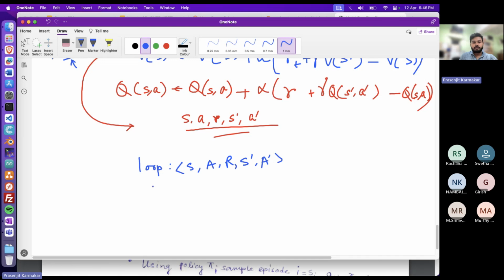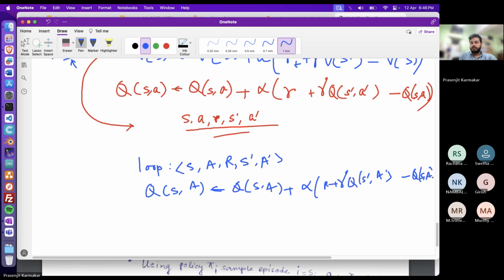Now also update this Q function: Q(S,A) plus alpha times R plus gamma Q(S prime, A prime) minus Q(S,A). So you do this update.